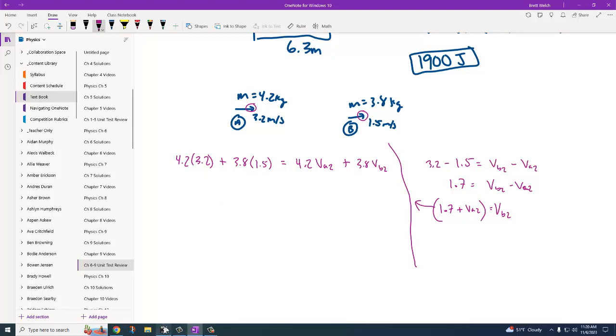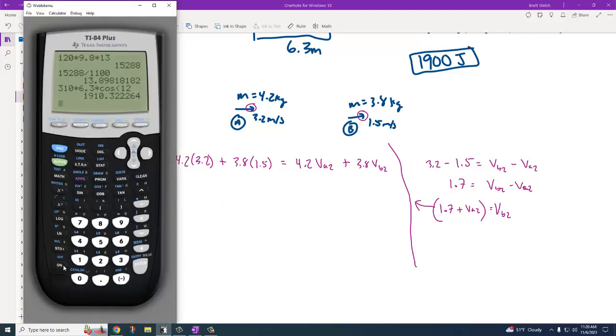Now I'm going to need to do some simplifying and some evaluating. So if we take 4.2 times 3.2 plus 3.8 times 1.5. Whoops, what did I type wrong? Oh, I'm missing the times. 3.8 times 1.5.